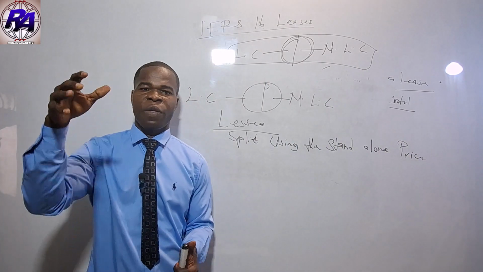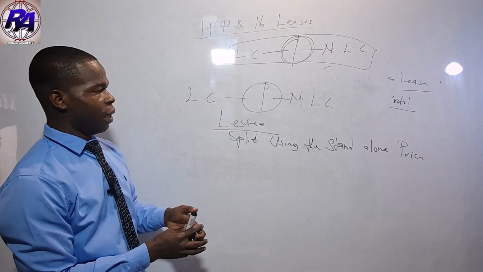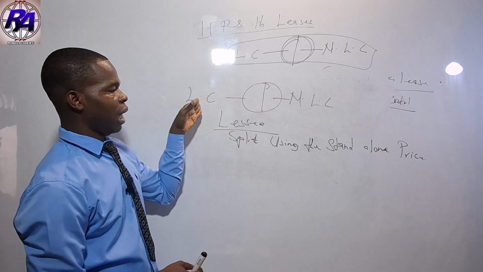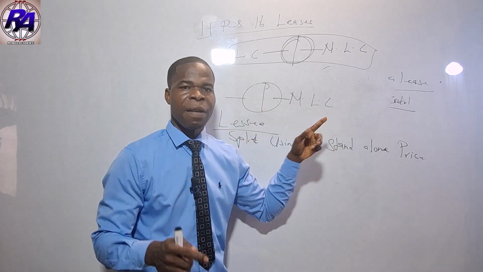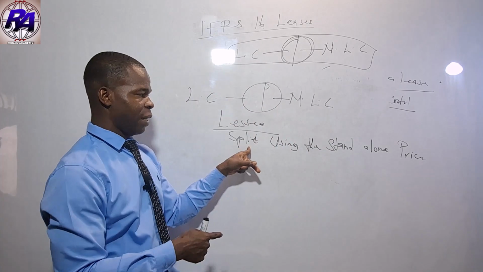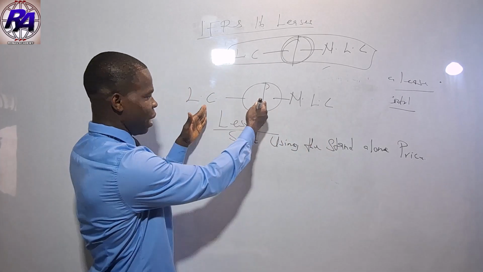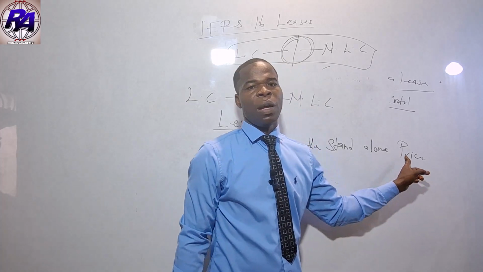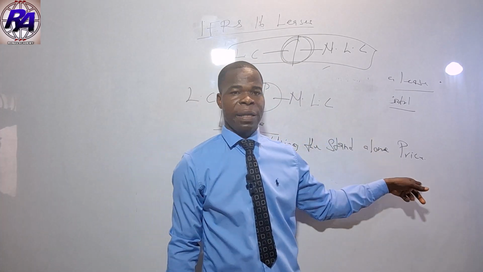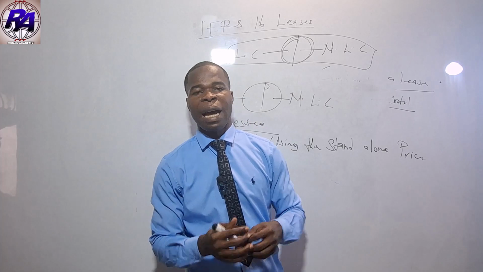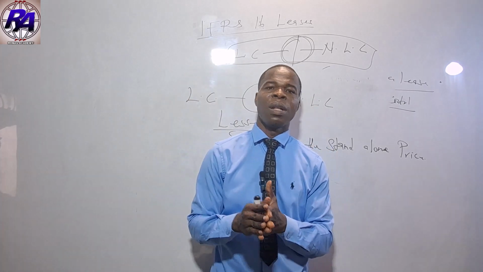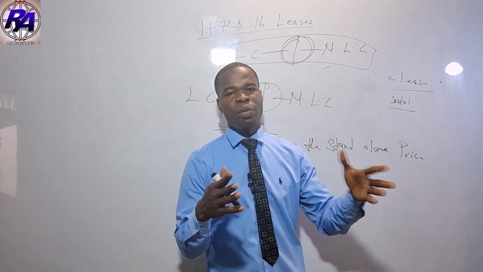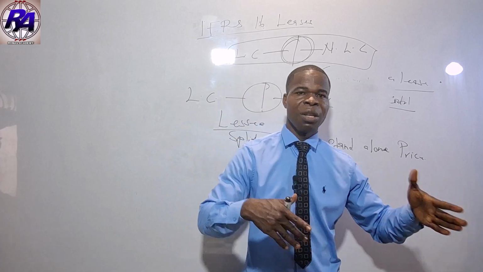Anytime a contract contains a lease, the contract has a lease component and a non-lease component. The entity, which is the lessee, must split the lease component from the non-lease component using what we call the stand-alone price. The stand-alone price is the price at which an entity will sell separately to a customer.